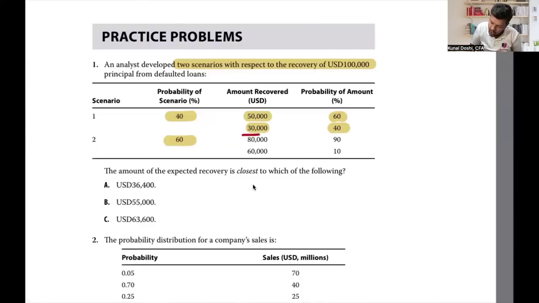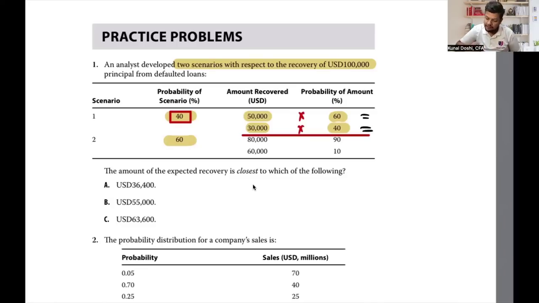This is in scenario 1. So the probability of this scenario is 40%. And in this scenario, the amount that I will be recovering and the probability of the amount. So when I see the amount recovered and the probability of the amount, basically it will give me the expected value that I will get.